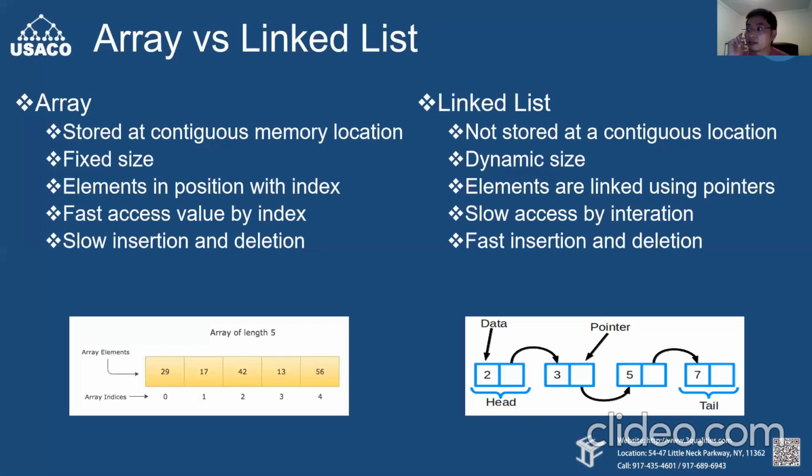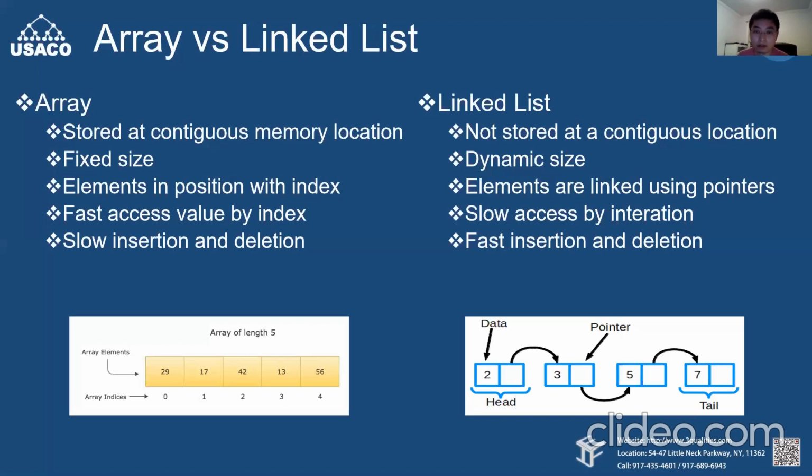And the linked list is dynamic. Why is it dynamic? It's easy to understand because the nodes are stored in different locations. At which location doesn't matter. When the value comes, memory says, hey, I'll give you the next available location, you put it here.